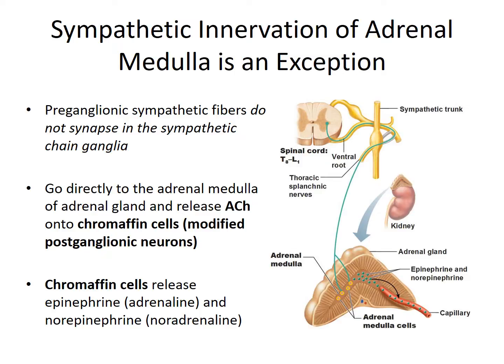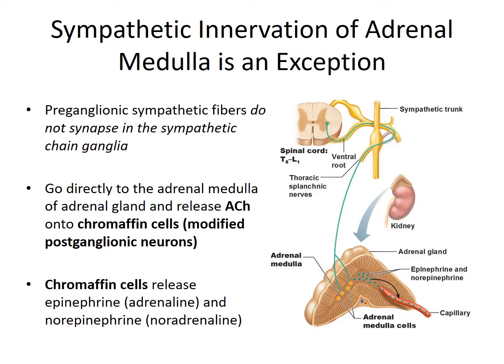Preganglionic fibers that innervate the adrenal medulla will not synapse in the sympathetic chain ganglia or collateral ganglia. These preganglionic fibers go directly to the adrenal medulla of the adrenal glands. If you think renal means kidneys, adrenal means a gland above the kidneys.